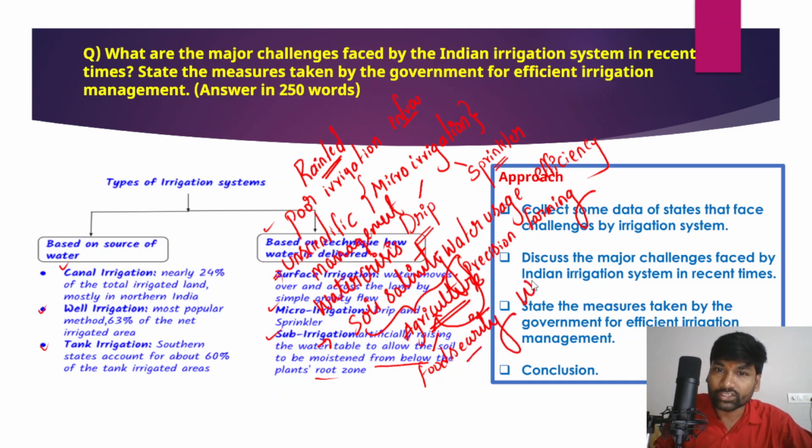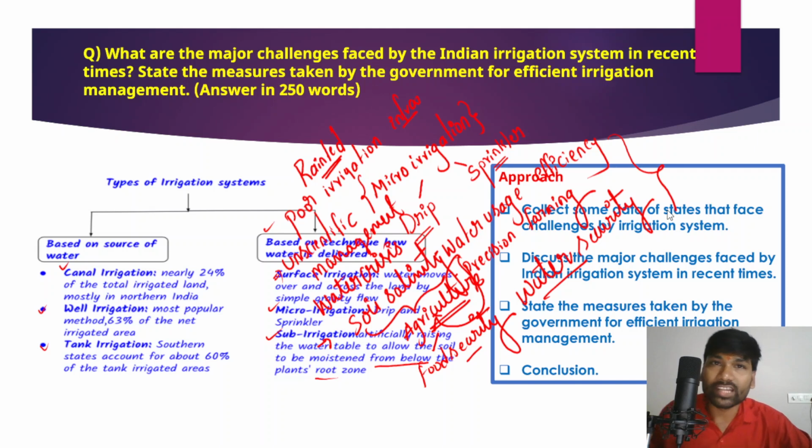It also ensures water security as well, because a number of cities have been facing water stress and water crisis. So food security and water security can be ensured by efficient usage of existing water resources. And there are certain sustainable water management practices, so those practices should also be followed.